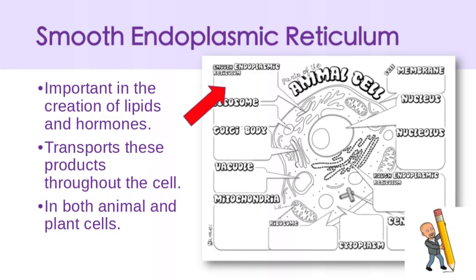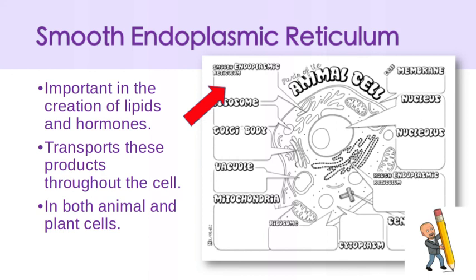Then the smooth endoplasmic reticulum, which I already mentioned, is very similar to the rough endoplasmic reticulum. It is going to help create lipids and hormones and also help transport those throughout the cell. It's in both, but it doesn't have ribosomes on it.